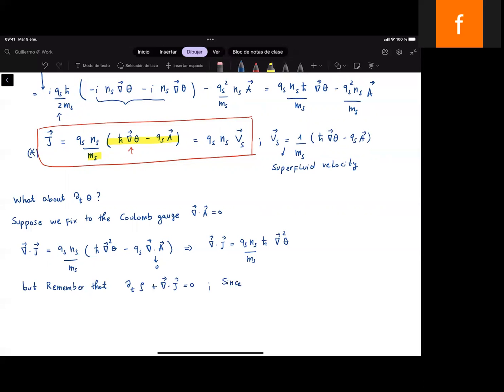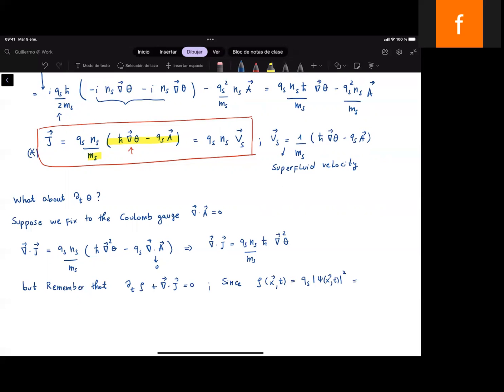Since for us this density current has q_s times the modulus squared of the macroscopic wave function, and remember that we assume a homogeneous superconductor, the charge density is homogeneous.